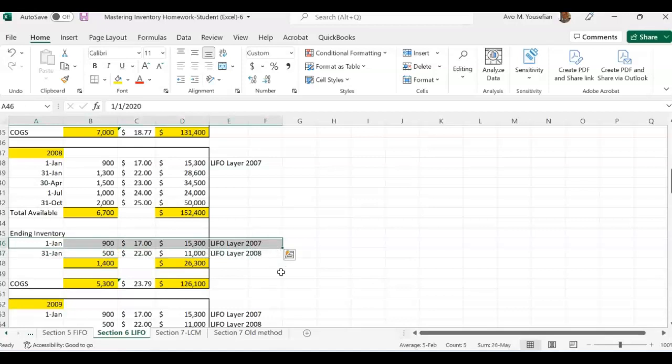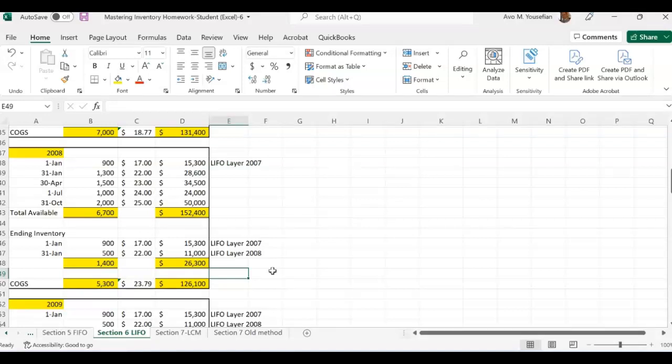And if you do that under GAAP, you have to put a note in your financial statements that this year we were able to increase our profit to some degree because we liquidated our cheaper LIFO layers of 2017 and 2018, and because their cost of goods sold was cheaper, our profit has increased to some degree, and that was just because of the LIFO layer liquidation.